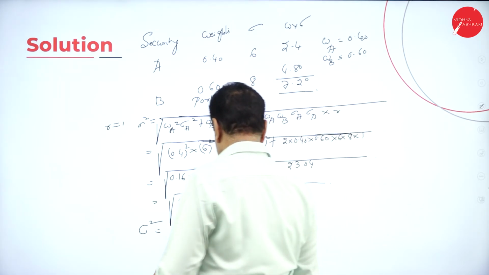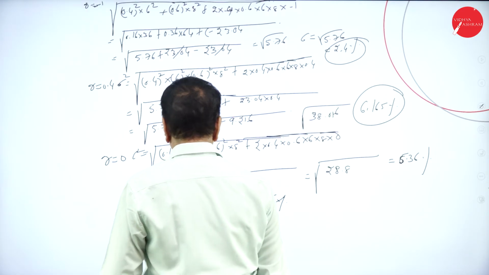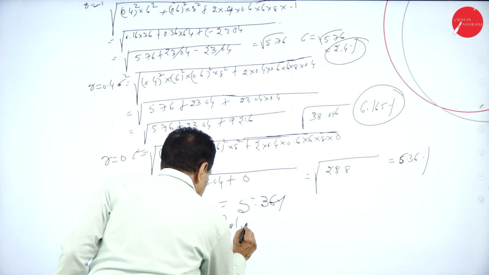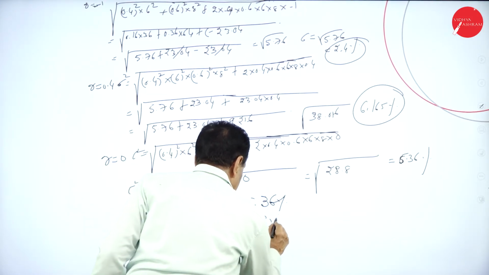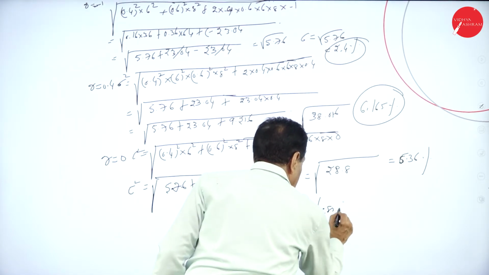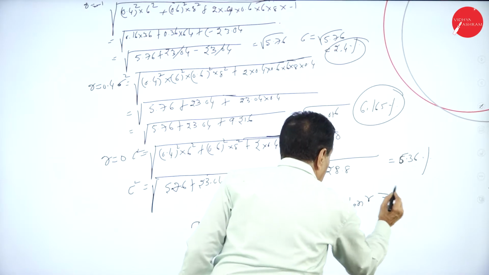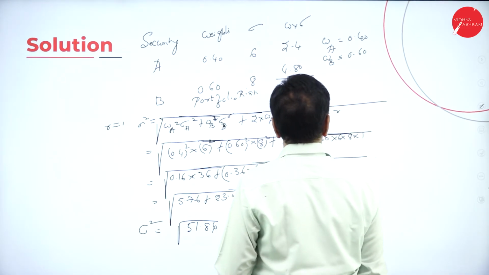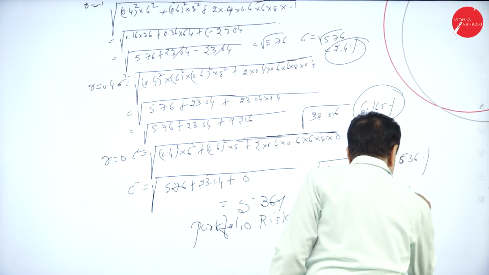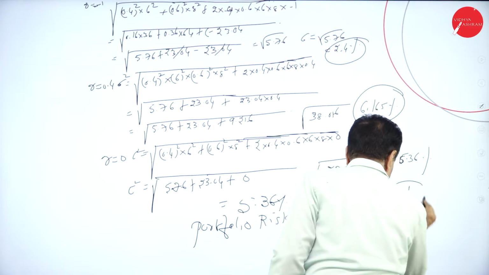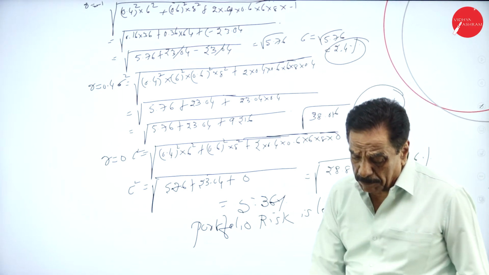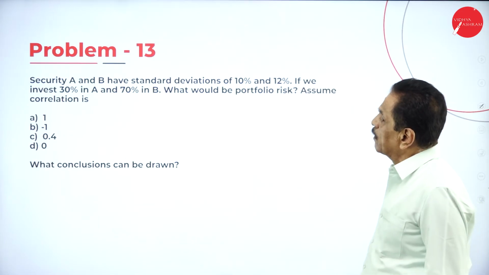You can conclude: portfolio risk is less when R is equal to -1. So this answer you have to write. Same type, we'll move on to second problem, same type of problem.